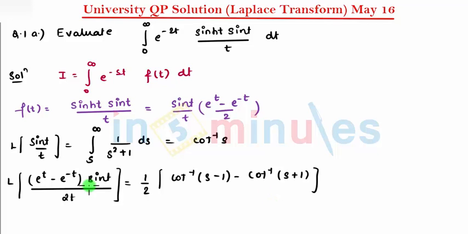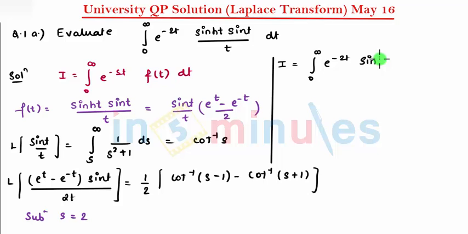Further, when you compare here, I need to substitute s equal to 2. So I is equal to the integral from 0 to infinity of e raised to minus 2t, sin hyperbolic t sin t divided by t, dt.